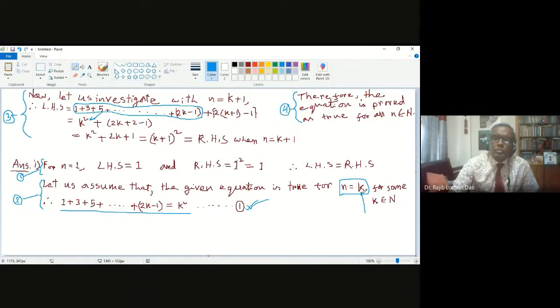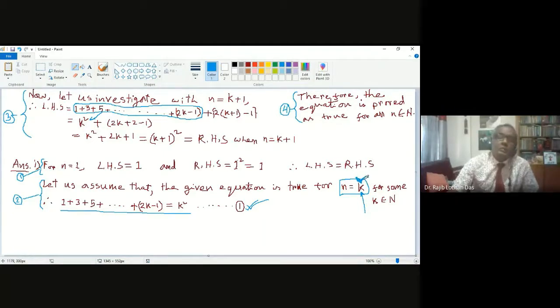So you put any variable and you say that I am assuming the theory is correct for n equal to k, for a certain unknown number k. So why are you assuming like that? Why are you saying that maybe the theory is correct for n equal to k?